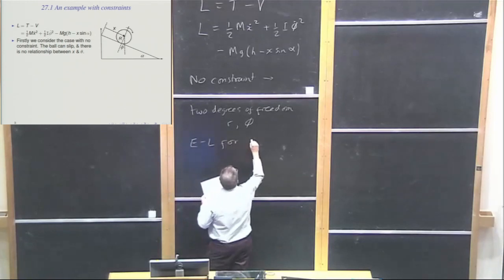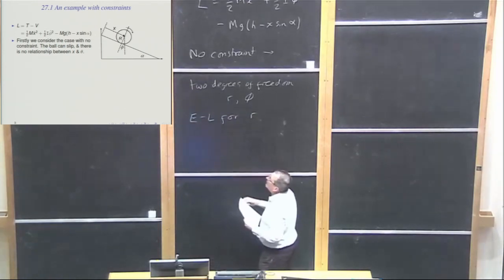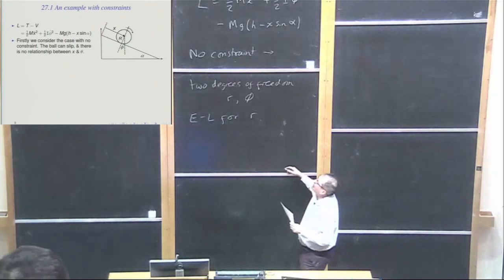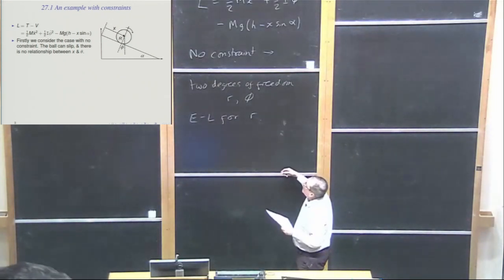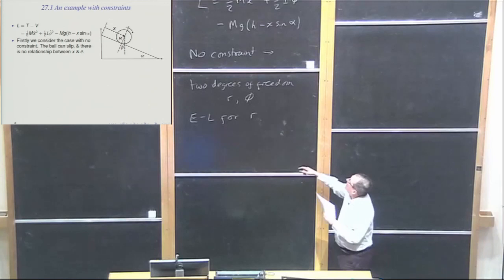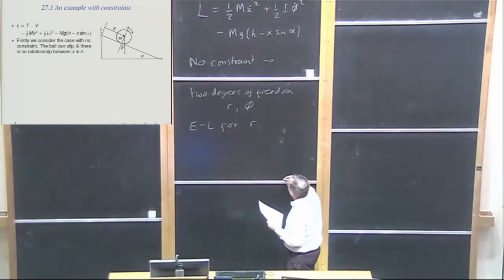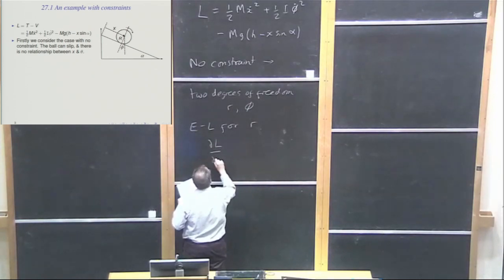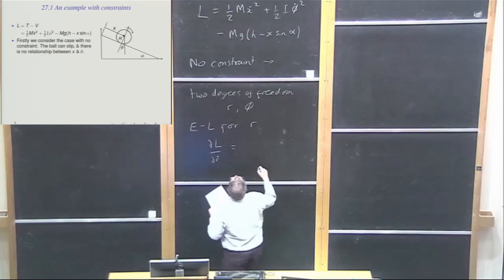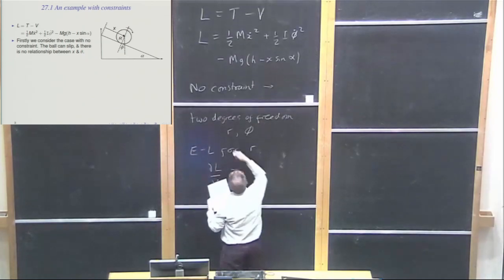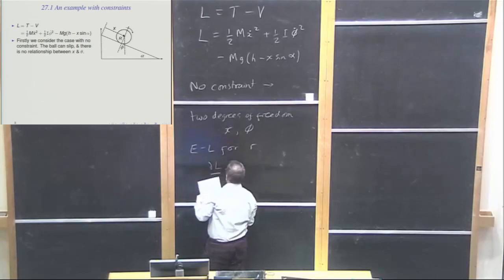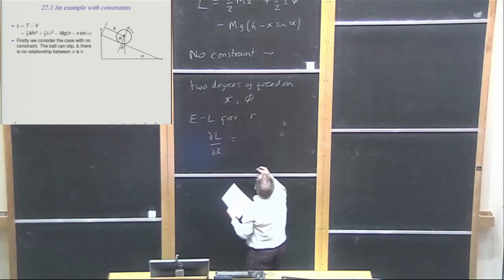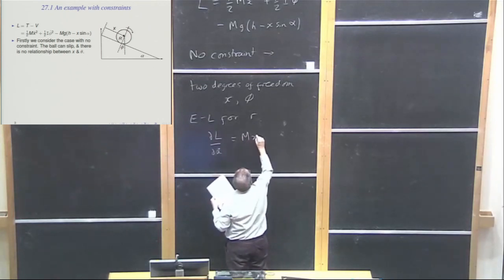We'll do this initially for x. Now the application of the Euler-Lagrange equation should become quite routine, and it's very straightforward. I will start just to write down the result, but since it's early in the morning, let me do it one more time here. So dL by d r dot, oops, we call it x, I beg your pardon. So dL by d x dot is going to be given by m x dot.